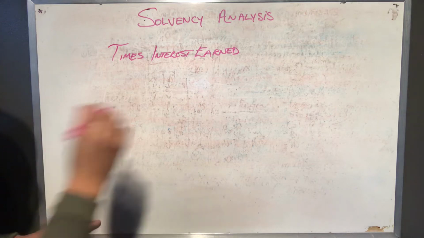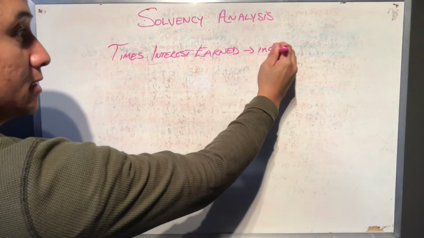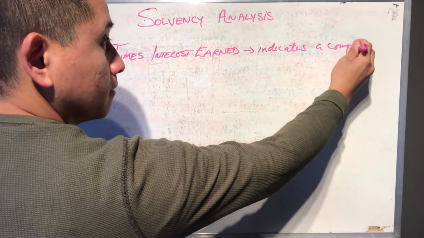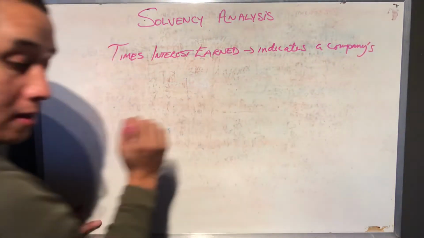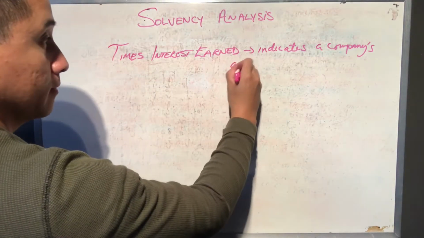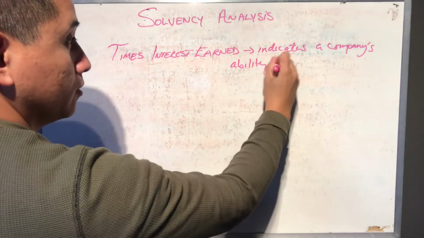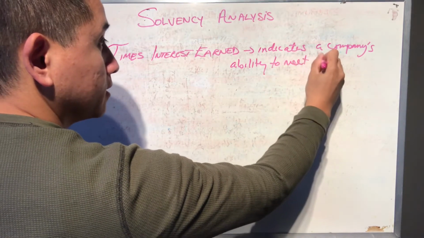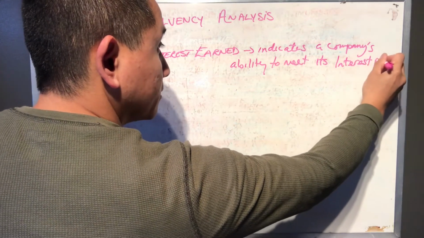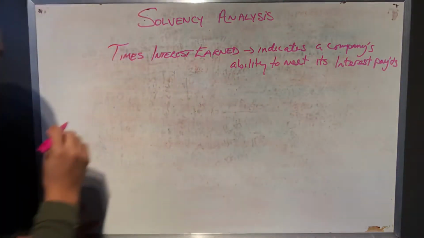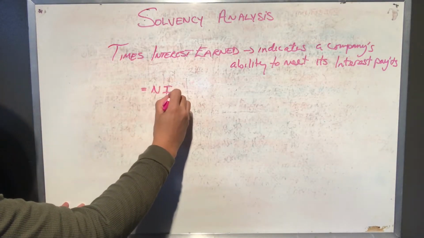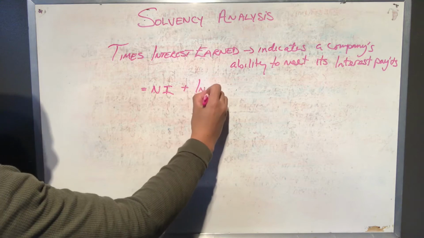And what that means is it indicates a company's ability to meet its interest payments. So that's calculated as net income plus interest expense, and plus income tax expense, all over interest expense.